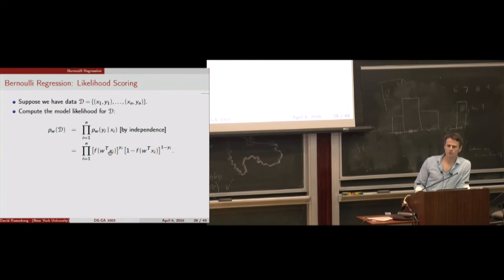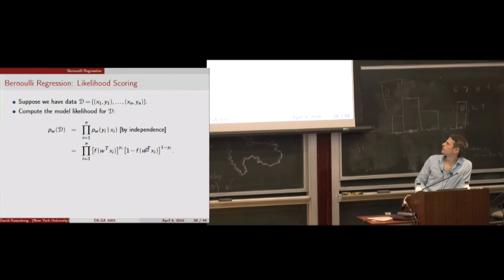What values does yi take? 0 or 1, right. f of W transpose xi, what probability is this? The predicted probability that y is 1, right. So let's call that theta. So if yi is 1, then this expression is what?